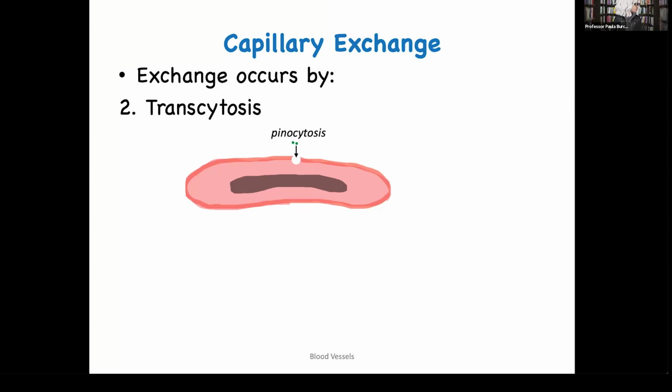They are then transported by way of transport vesicles to the other side of the cell and released by exocytosis. Transcytosis allows you to transport larger substances into, through, and out of the cell.